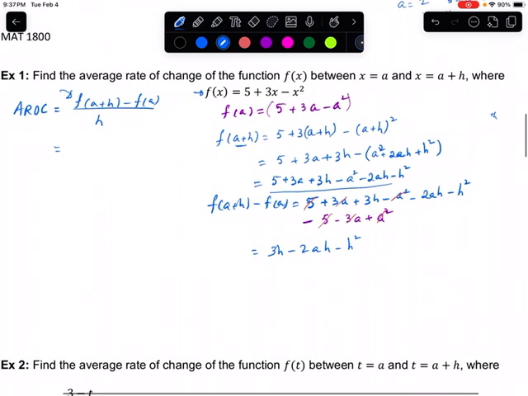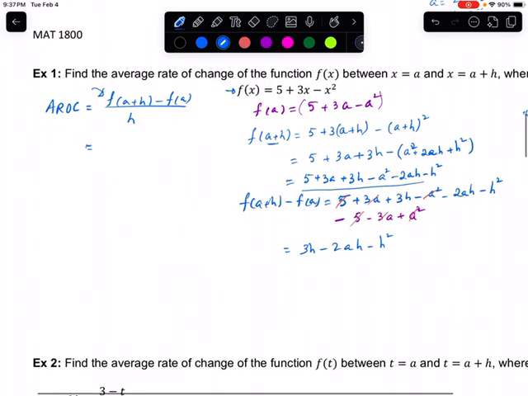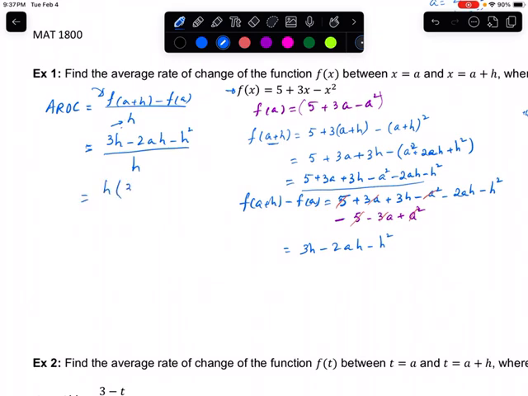Okay. Then now you can come here and write this up here. So we are left with 3h minus 2ah minus h squared, and then we have the h from the denominator. We put it in the denominator. Now we can factor out an h from the top.